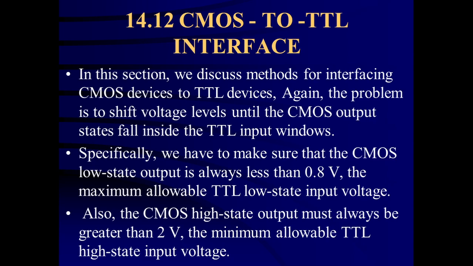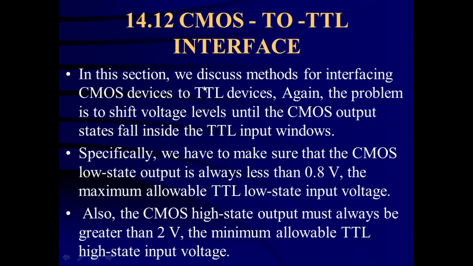Similarly, the output of the CMOS must be greater than 2 volt up to 5 volt, because the TTL high state window is from 2 volt to 5 volt for a valid input state.